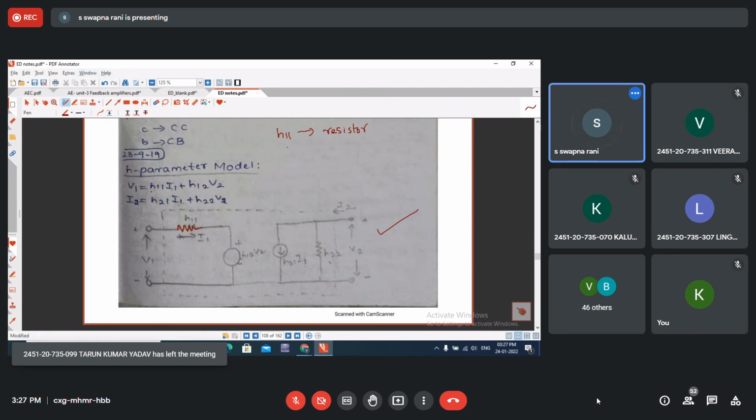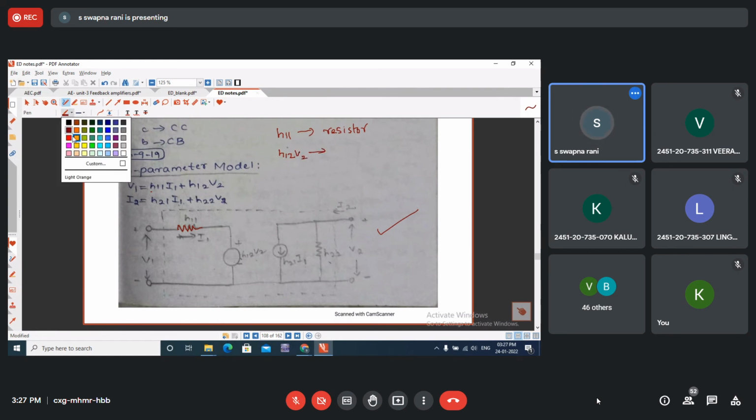Next, H12 V2. You see here, H12 V2 is a voltage. It is a voltage quantity: reverse voltage transfer ratio, voltage into voltage, so it is voltage only.